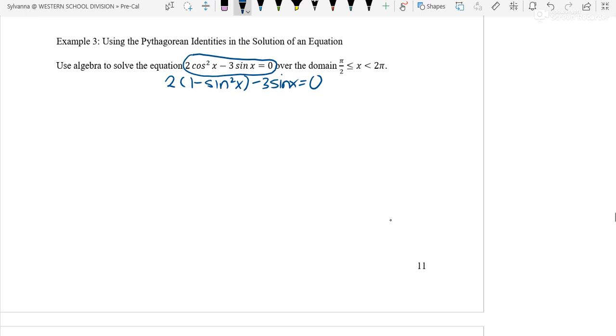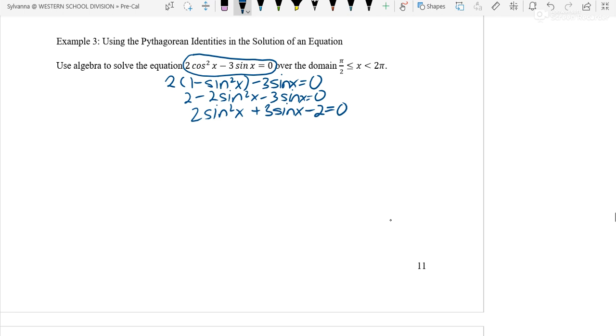I'm going to expand that too, so it'll be 2 minus 2 sine squared x, minus 3 sine x. And then if I collect my terms so they're positive, if I move it to the other side, I would get 2 sine squared x plus 3 sine x minus 2.